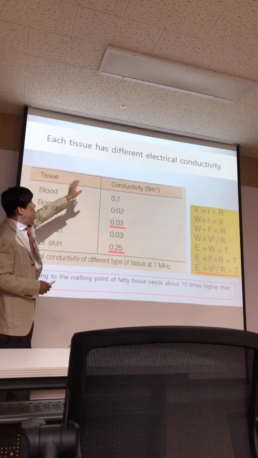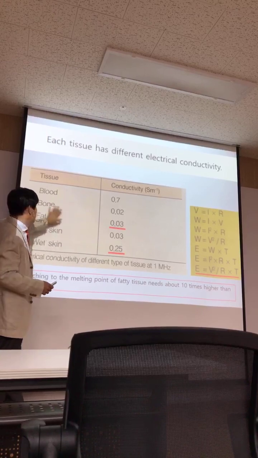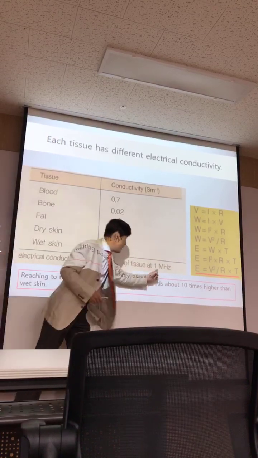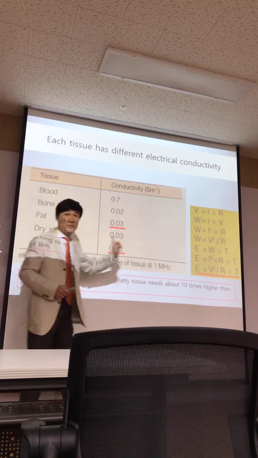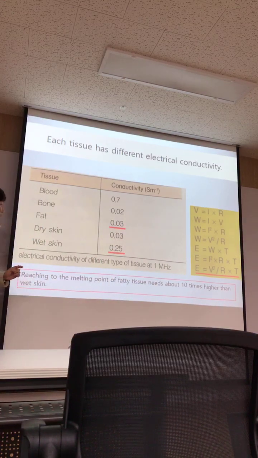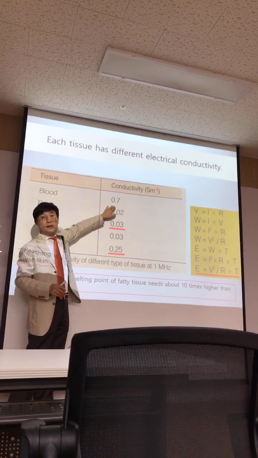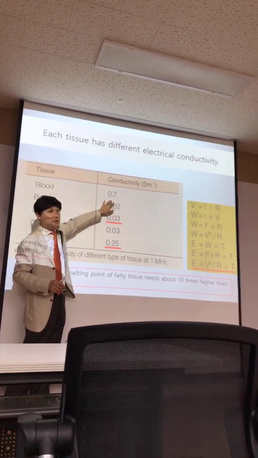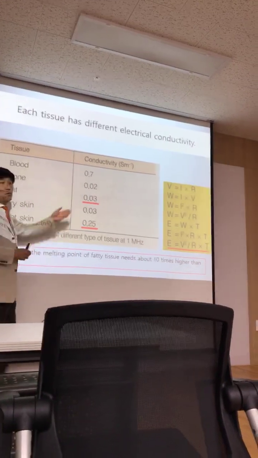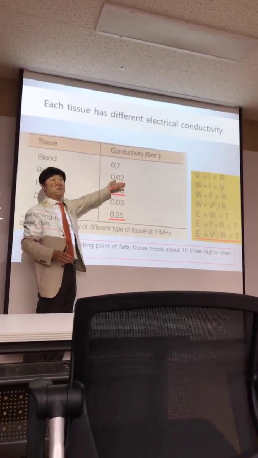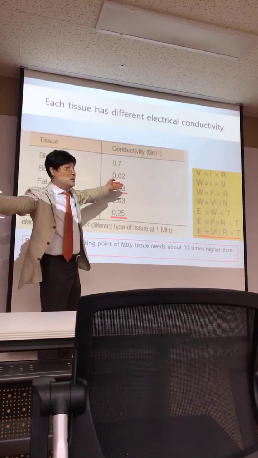And this is the different electrical conductivity of our body. At 1 megahertz radio frequency, because Agnes is 1 megahertz, the blood has the highest electrical conductivity, 0.7. Bone has very low electrical conductivity. It is very difficult to make electrical current in the bone.